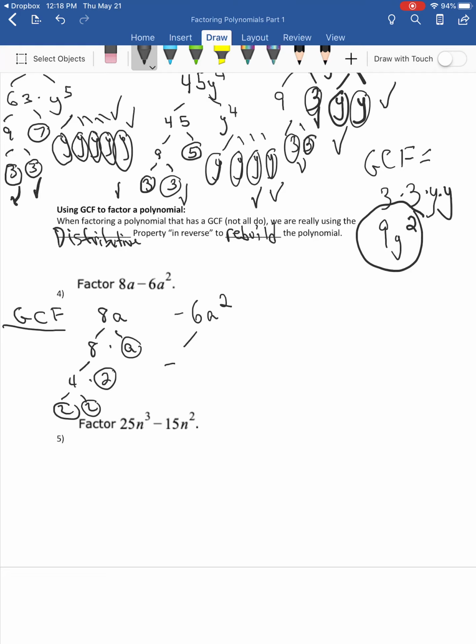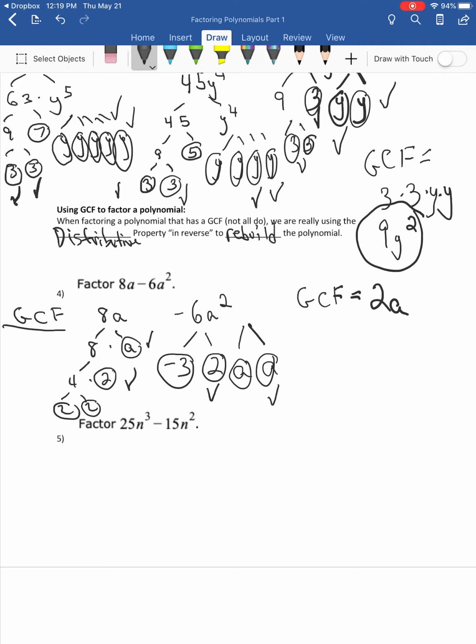So negative 6 is negative 3 times 2. Negative 3 is a prime, 2 is a prime, and then a and a, those are both primes. So what they have in common is they have a 2 in common, and they have an a in common. So the GCF is 2a.